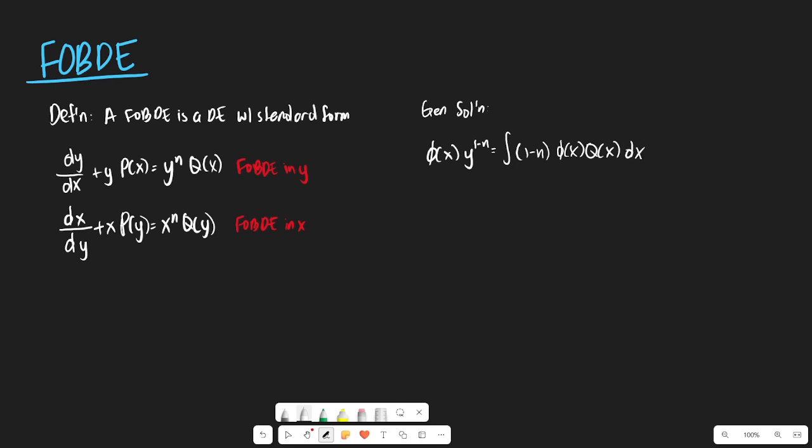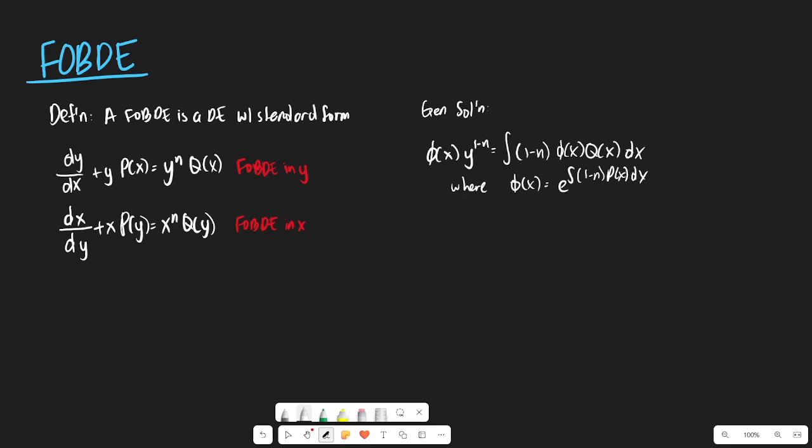So this is the general solution for a FOBDE in y, where phi of x is equal to e raised to the integral of 1 minus n p of x dx.